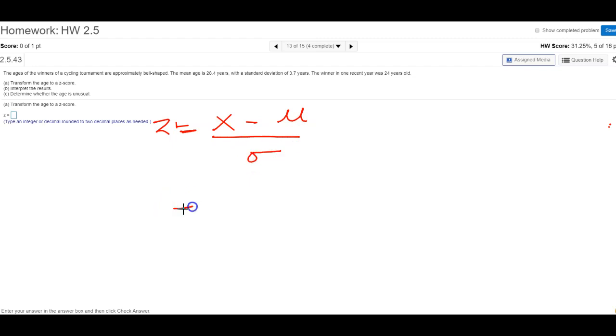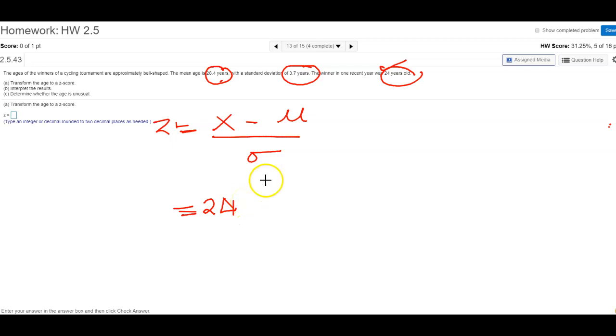So this is my X value, this is my mu, and this is my standard deviation. We're trying to find my Z-score. Just by looking at the value, I know it's below the mean, correct? So I know my Z-score has to be negative. So I have 24.